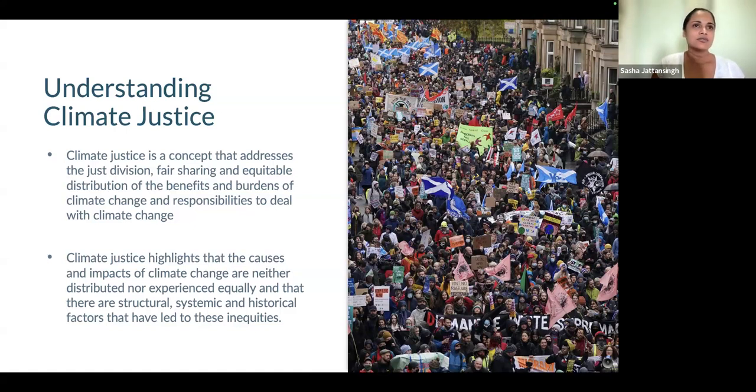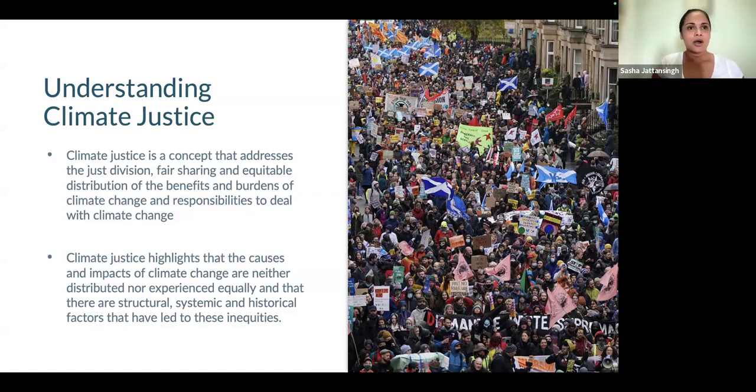And it's useful to know that for decades, climate change has been framed mainly as a purely environmental or physical problem that has relatively straightforward causes and effects. So humans emit greenhouse gases, and these gases cause global warming and environmental change. And a changed environment then affects people, right?